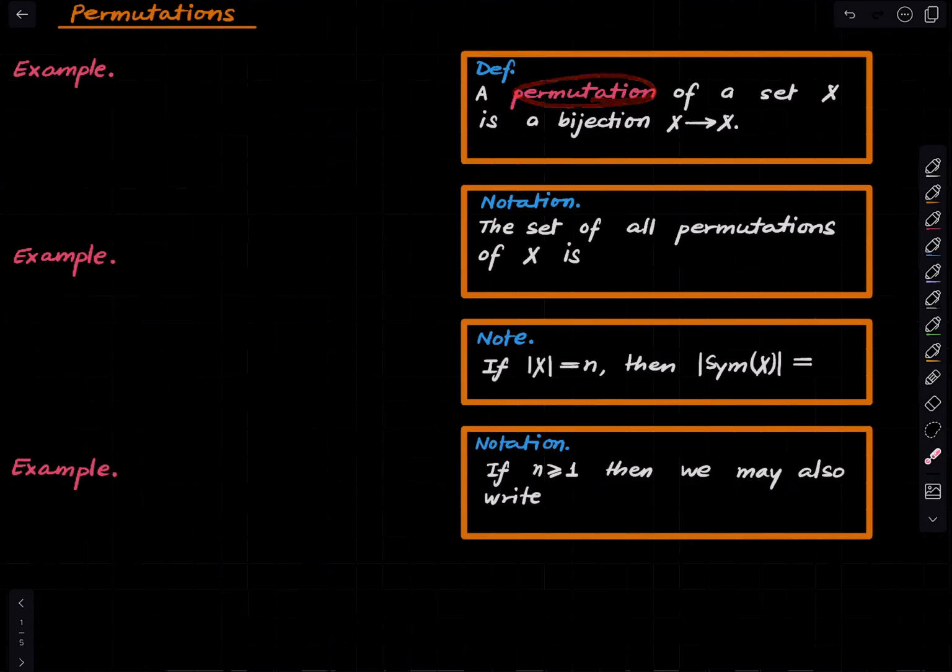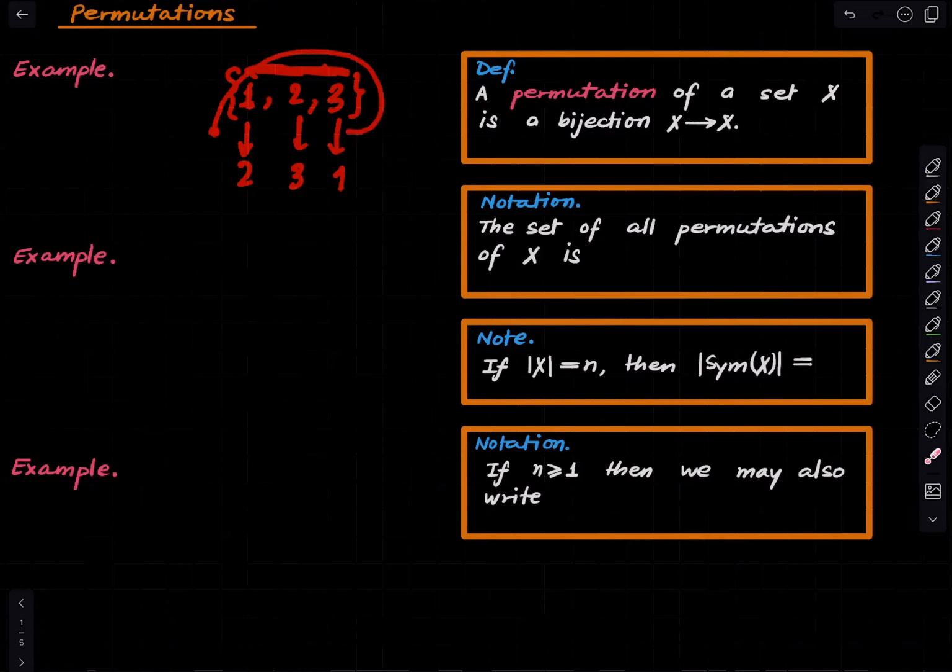It is permuting the things in X. Think of X as a 3-element set for the moment, the first 3 natural numbers. So you could send 1 to 2, 2 to 3, and 3 to 1. So you've permuted the things here, and that's what this definition is capturing.